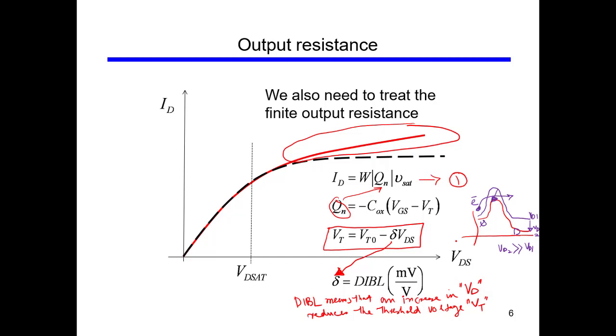So this is where the linearly increasing curves come from. We have accommodated this in the virtual source model.